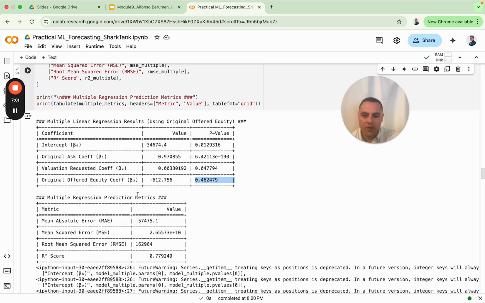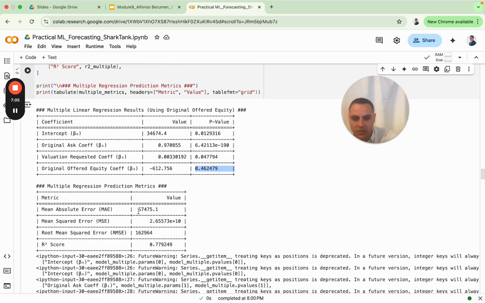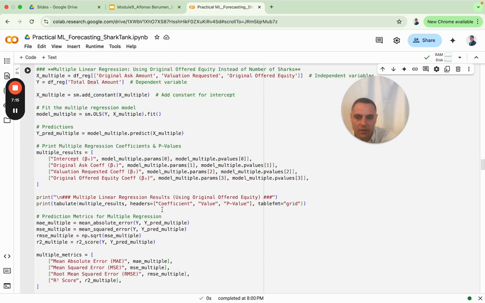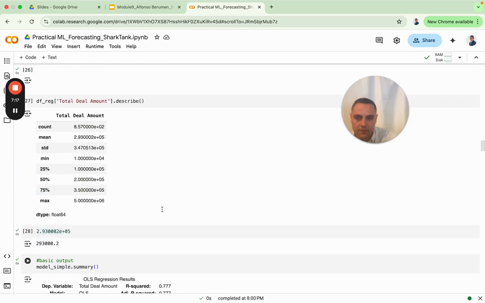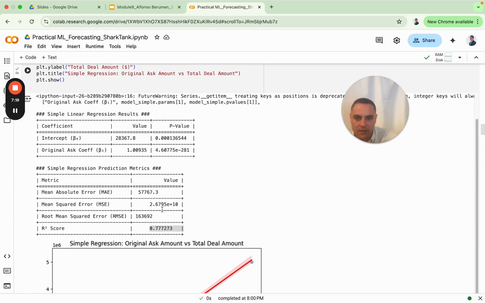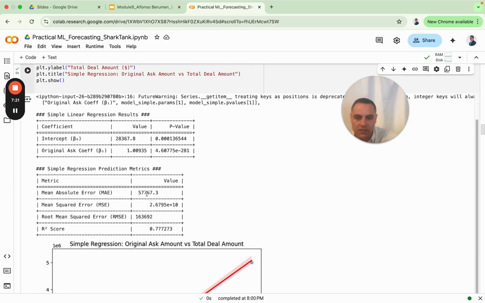All right, so we have our error metrics. If I just look at mean absolute error, 57,475, right? So on average, we're off by 57,475 using multiple. And then we look at our simple, 57,767, right?